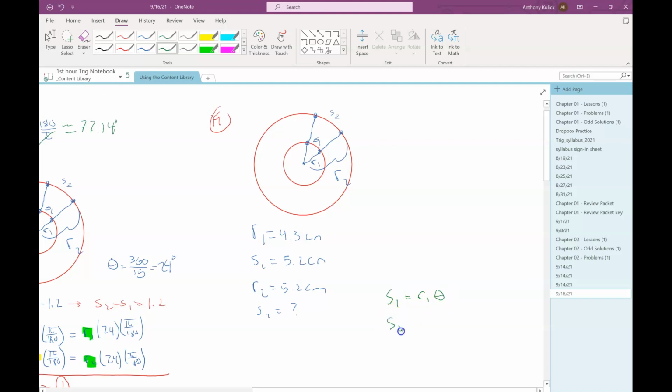And I know that S2 is going to equal R2 times the same theta, because the angle is the same in both situations, right?